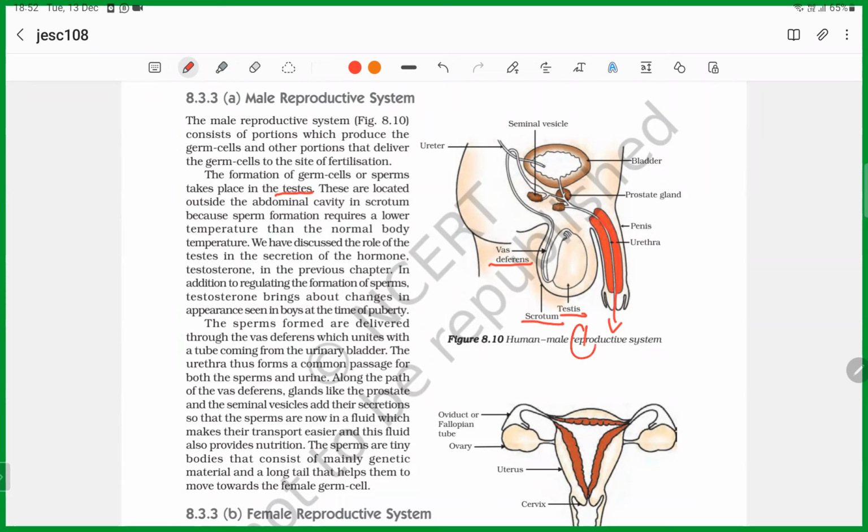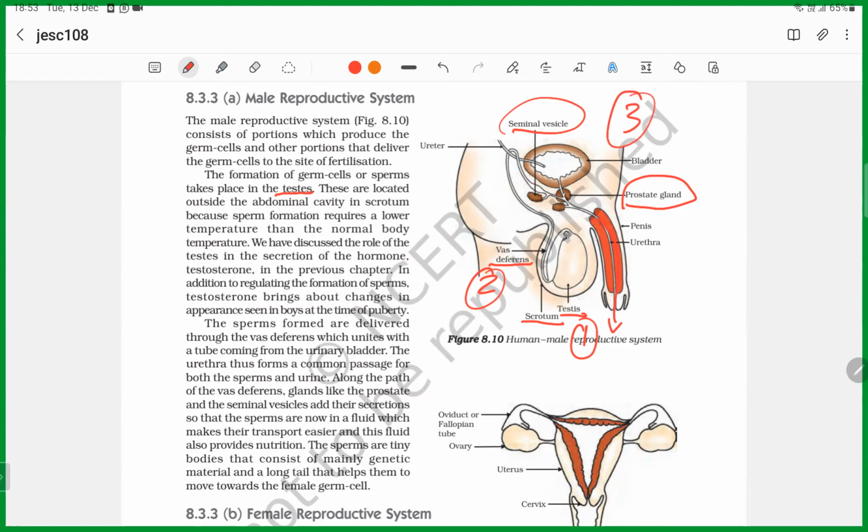So testis, and then accessory ducts called vas deferens, and then glands. There are different glands like prostate gland, seminal vesicle, and even another pair of glands called bulbourethral gland. So the glands are the third part.